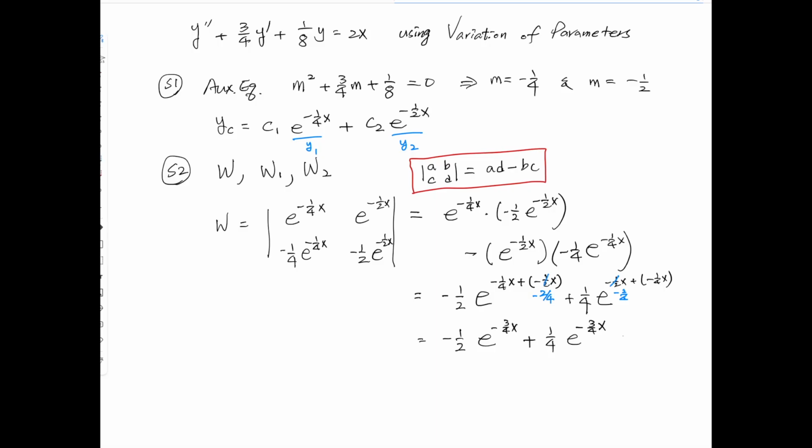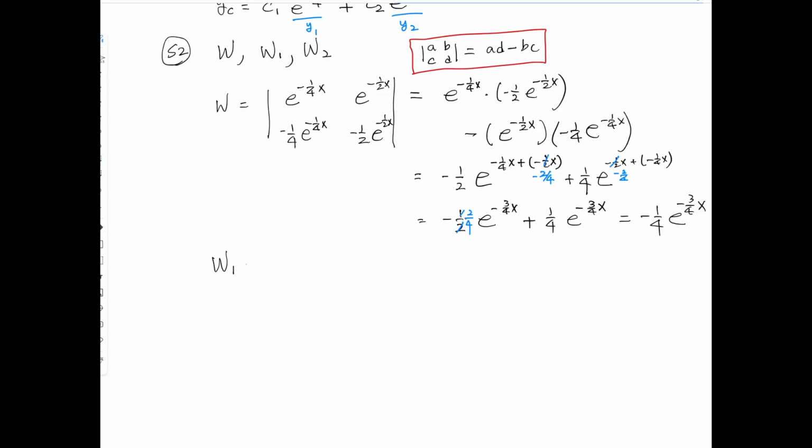Finally, we can combine these two terms. Then we have negative 1 over 4 e to the negative 3 over 4 x, because we can rewrite this as 2 over 4. Okay, we have W.